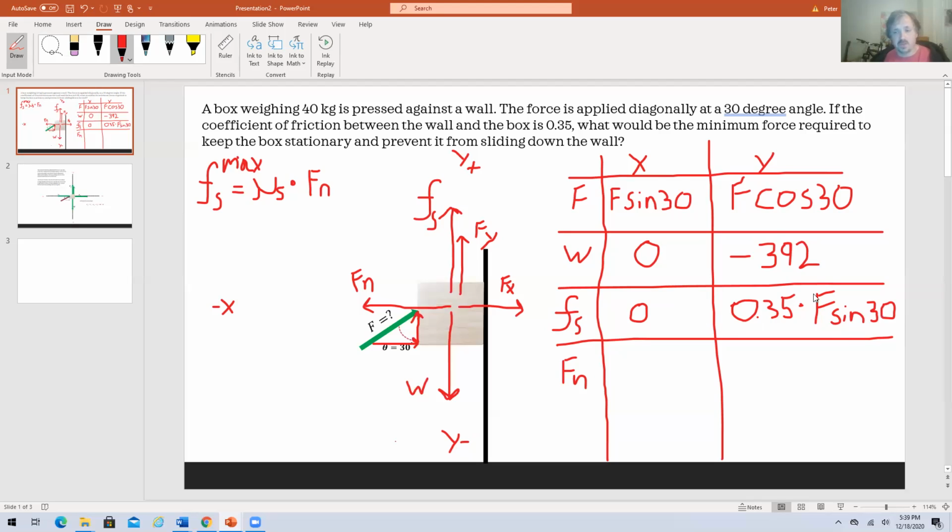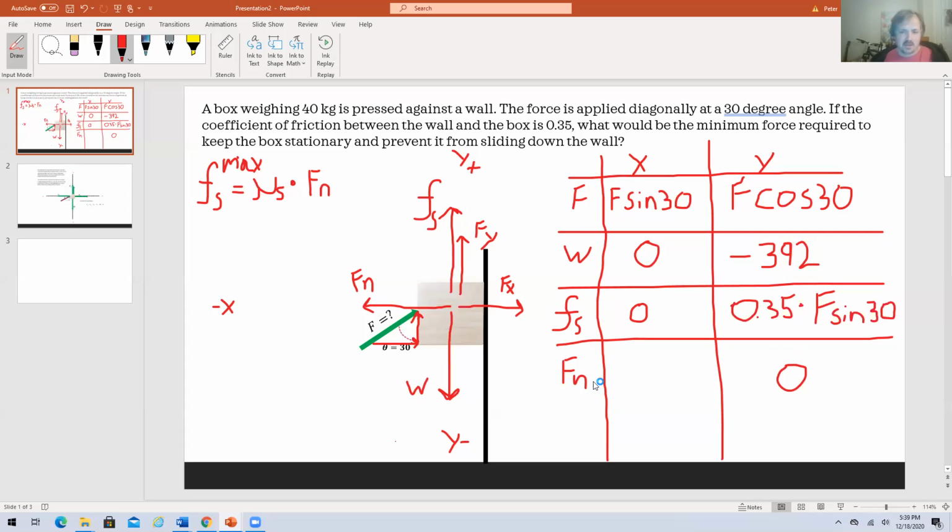And again, this stays positive because the static frictional force is pointing in the positive y direction. So now our normal force, in this case, does not exist in the y-axis at all. So again, we're going to put a 0 here in the y-axis.